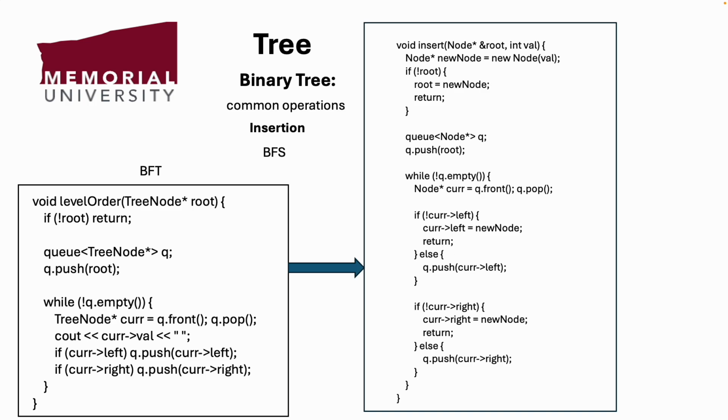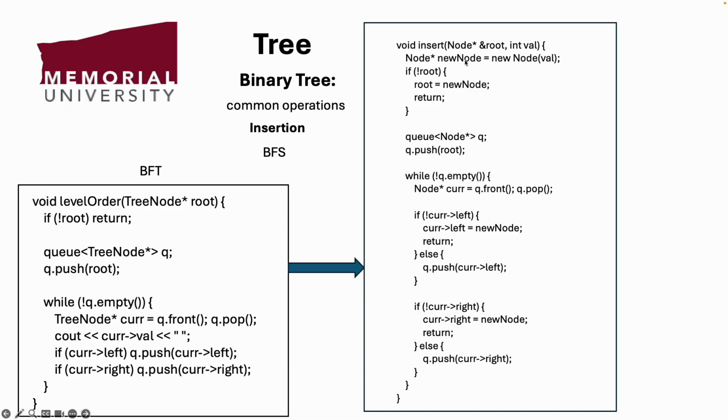This is the insert function based on the breadth first traversal. You can pause here to look at the code, maybe for a minute, and then continue watching. Let's continue discussing this code.